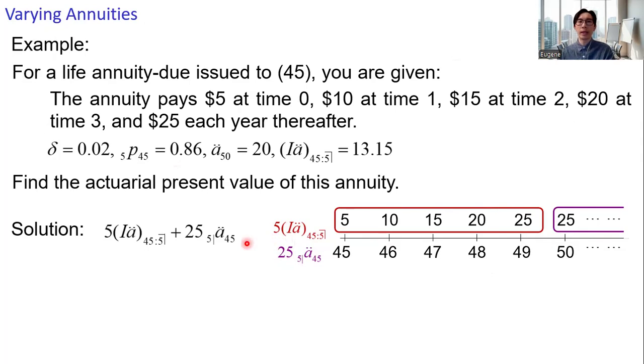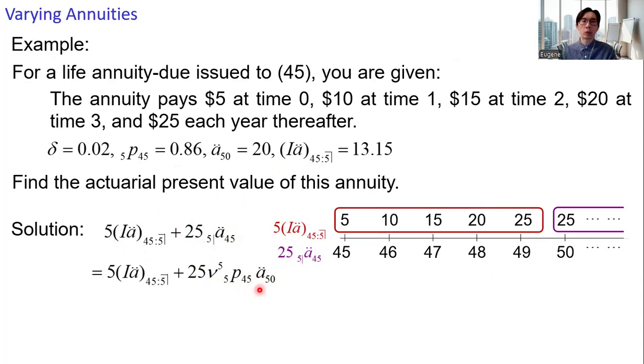So we have this expression. We have the increasing annuity due, and we need to get the 5-year deferred annuity due. So further decompose this as v to the power 5, 5p45, and A50.